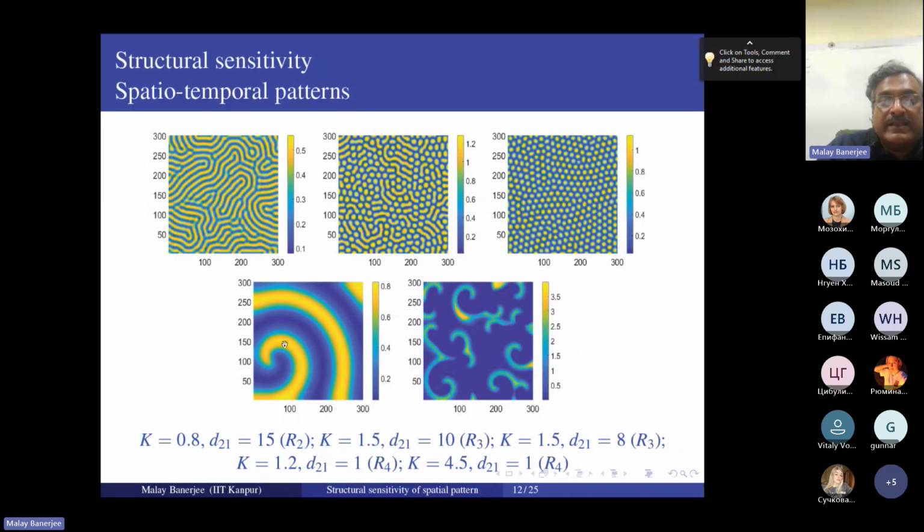So here we have observed a spiral with at least two rotations, but for this parameter value we were unable to find a spiral with at least one complete rotation. So this might be some sort of interacting spiral, but if we look at the corresponding temporal evolution of the spatial average, then we can find two completely different scenarios corresponding to these two patterns.